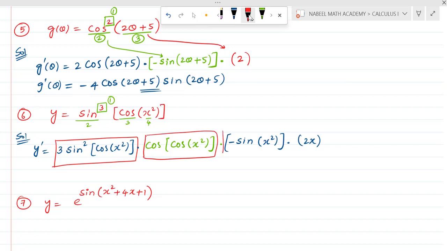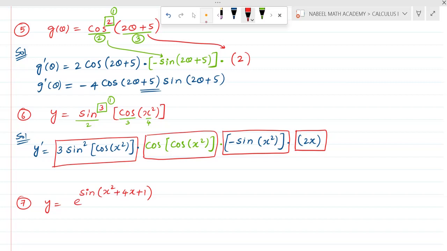The number 3 is sine of x square, whose differentiation is cosine, and the derivative of cosine is minus sine of x square. And inside we have x square, which gives 2x.